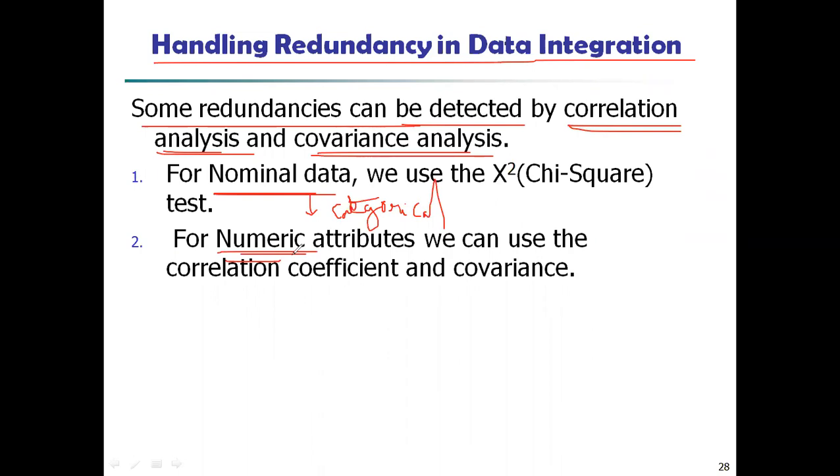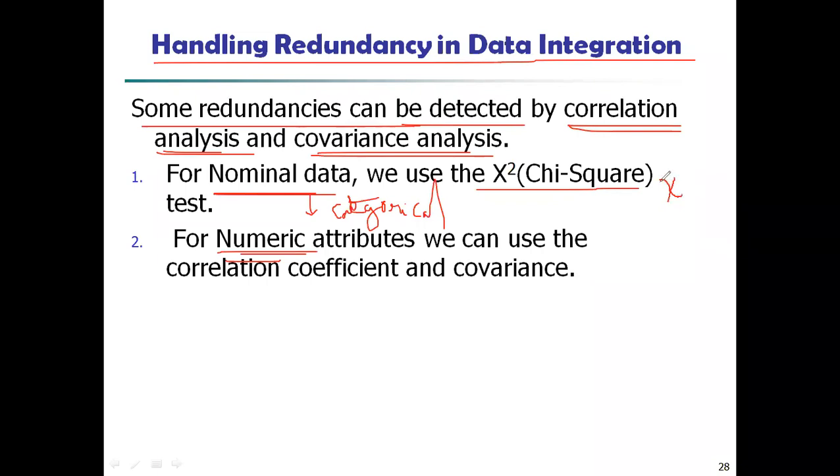Suppose you want to analyze categorical kind of data, then you are going to perform a chi-square test. It's not x square, actually it is a symbol like this. This is a little bit like the x symbol, but it's not x, isn't it?